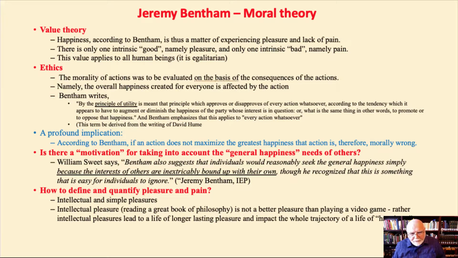Well, Bentham, William Sweet suggests, is that we go back to the rational human being argument, that it's rational for us to seek the general happiness of the community because in the interests of everybody, all our interests are intricately bound up together. And it's only rational to recognise that. I've given you the quote from Sweet's work.